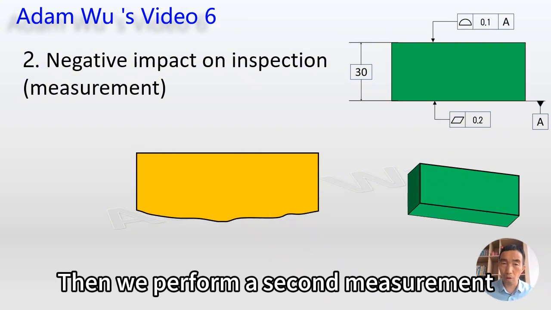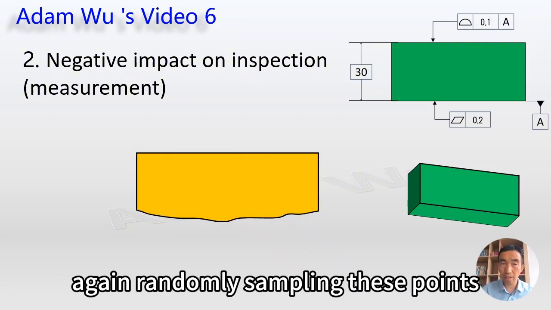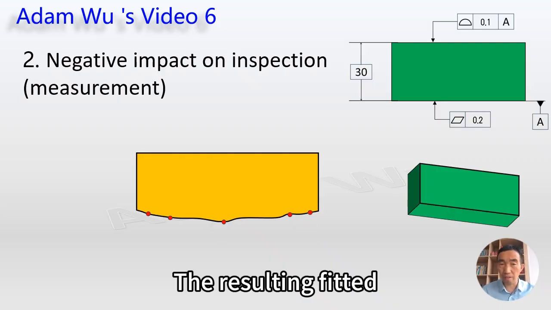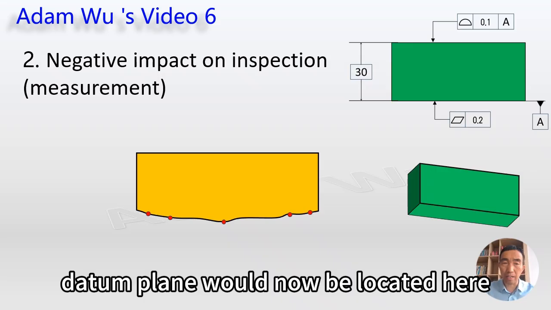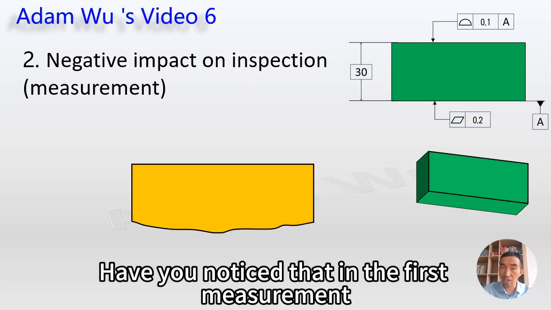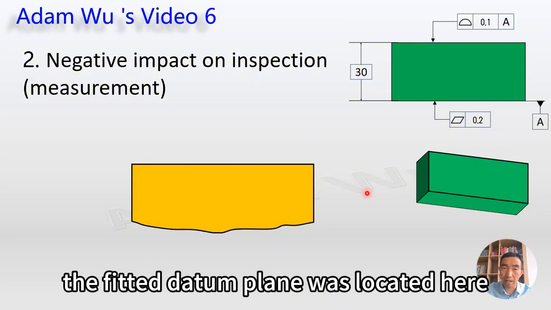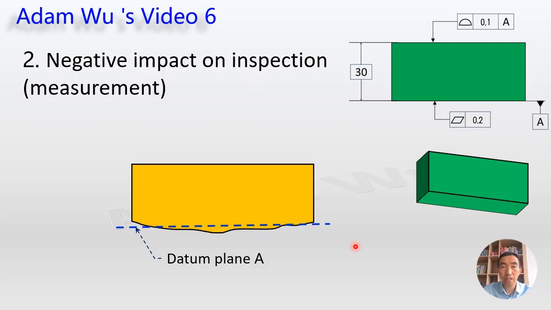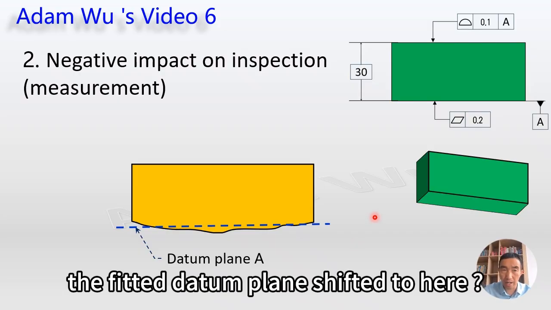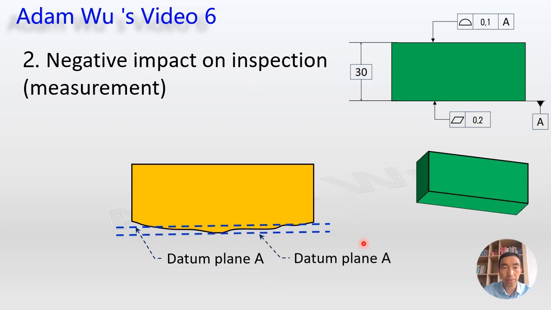Then we perform a second measurement, again randomly sampling these points. The resulting fitted datum plane would now be located here. Have you noticed that in the first measurement, the fitted datum plane was located here, while in the second measurement, the fitted datum plane shifted to here?